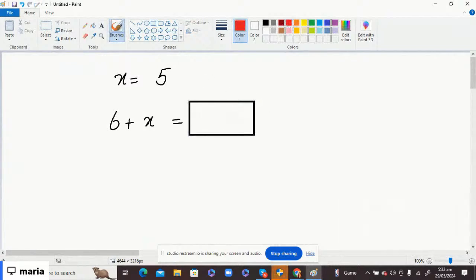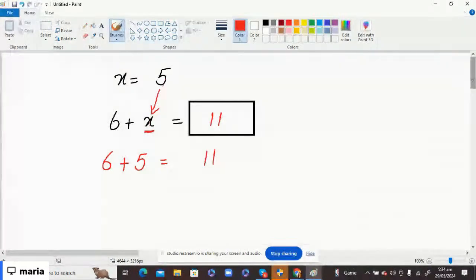What we do is simply put that value in place of this x. So here 6 is as it is, plus sign as it is, and in place of this x, I'm going to put 5. So 6 plus 5. What is the answer of 6 plus 5? That is 11.